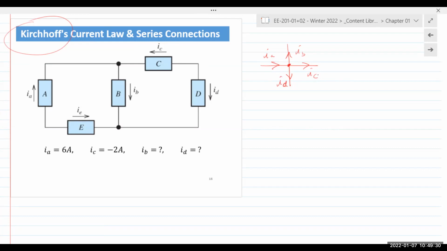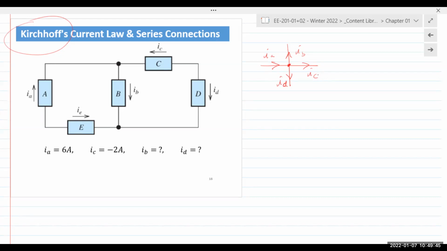A lot of students like to use the method of equating everything to 0, right? Sum of all currents in a junction or through a junction has to equal 0. But then you have to worry about a plus and a minus sign.